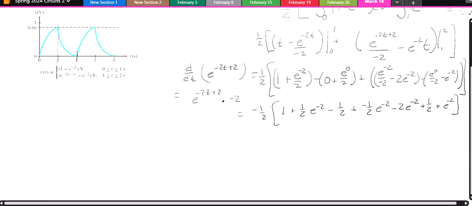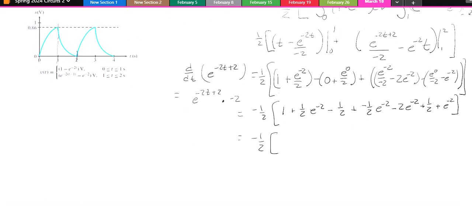Wonder how many mistakes I've made so far. Equals minus 1/2. So let's see. Minus 1/2 plus 1/2, those cancel. I have a 1 here. 1/2 e to the minus 2 minus 1/2 e to the minus 2, those cancel. And I get minus 2e to the negative 2 plus e to the negative 2. That's minus e to the negative 2.